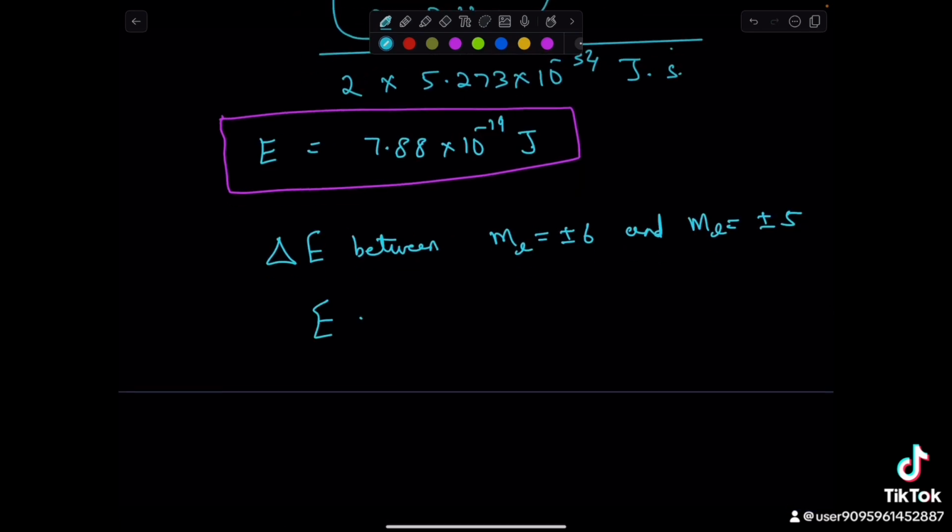So since E equals m_l squared ħ squared over 2I, delta E would be equal to those times m_l final squared minus m_l initial squared.